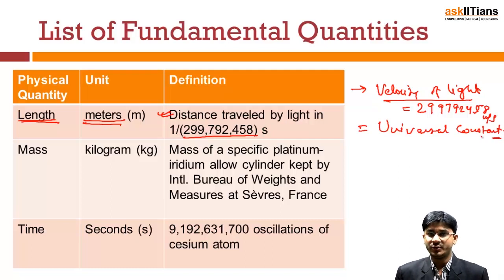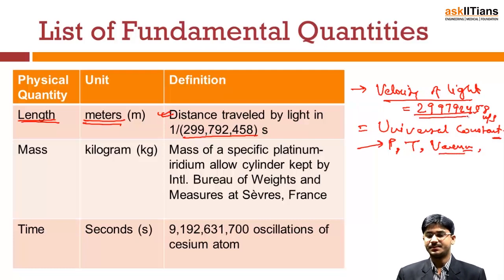What do we mean when we say universal constant? We mean that this constant doesn't change upon changing the environment. If you change the pressure, the temperature, or you measure somewhere else, the velocity of light will remain the same.